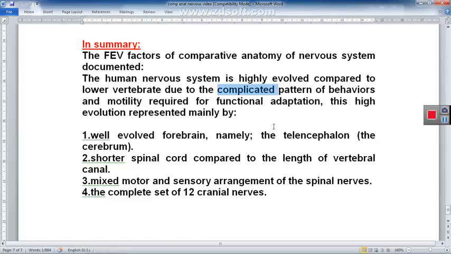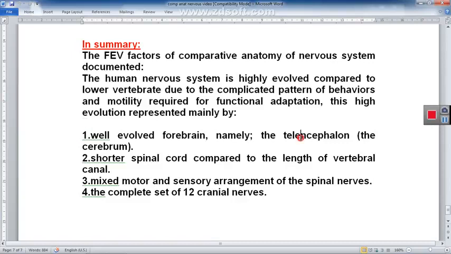This higher evolution of the nervous system of a human may be enumerated in 4 points. Number one, the evolved forebrain in a human is very advanced, namely the telencephalon.